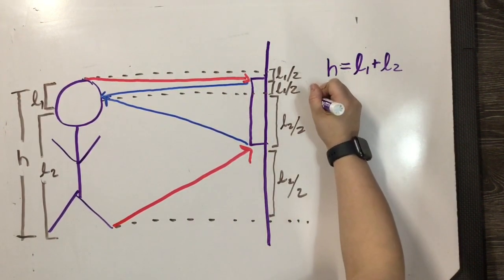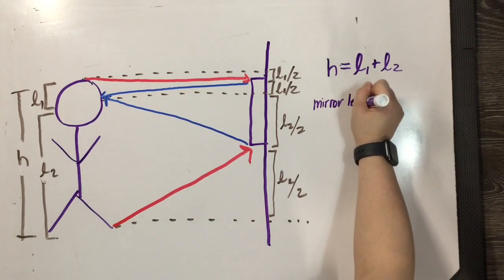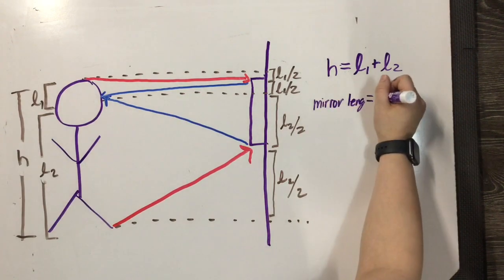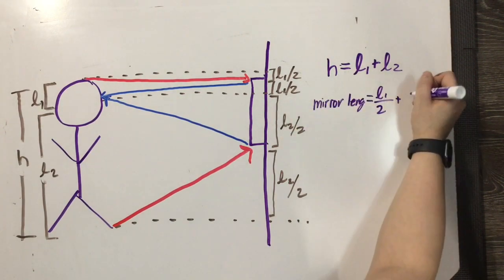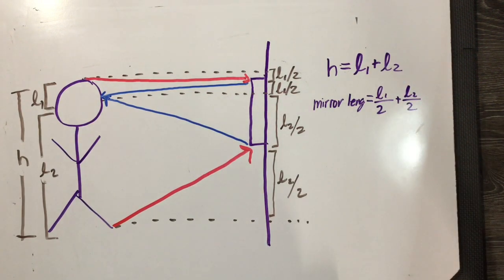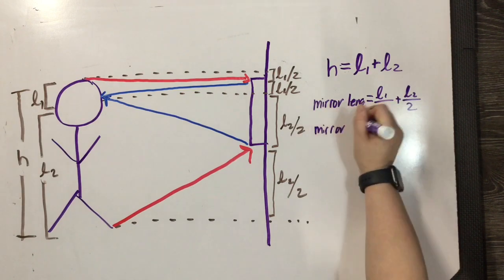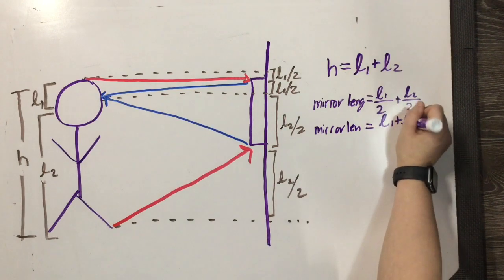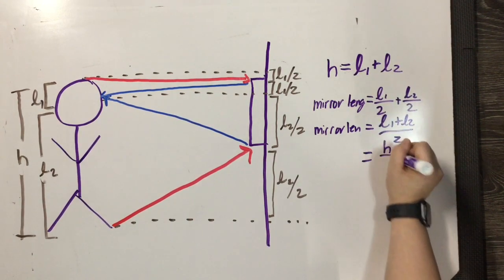The mirror length is L1 over 2 plus L2 over 2. So the mirror length is equal to L1 plus L2 over 2, which is equal to H over 2.